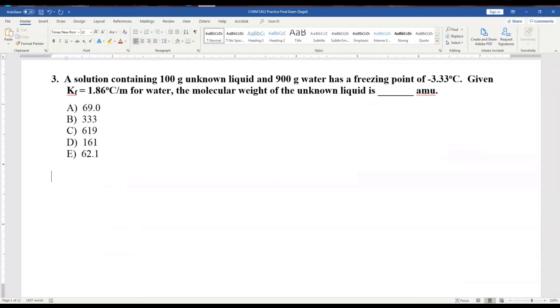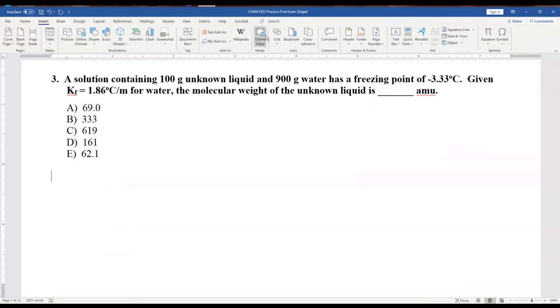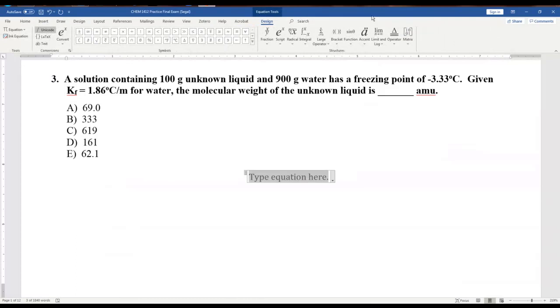So first of all, we have to understand, how would you calculate molecular weight if you couldn't look at the periodic table? How would you solve for the molecular weight, sometimes known as the molar mass? The molar mass would be what?